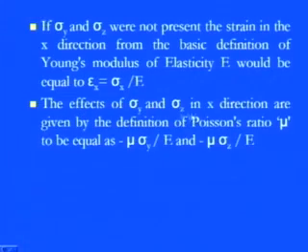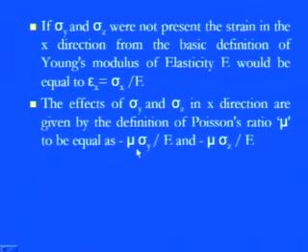The effect of sigma y and sigma z in the x direction will be given by the Poisson ratio mu, since the Poisson ratio is minus lateral strain by longitudinal strain, meaning there is a contraction in the other parts. So epsilon y is minus mu times sigma y by E, and epsilon z is minus mu times sigma z by E.